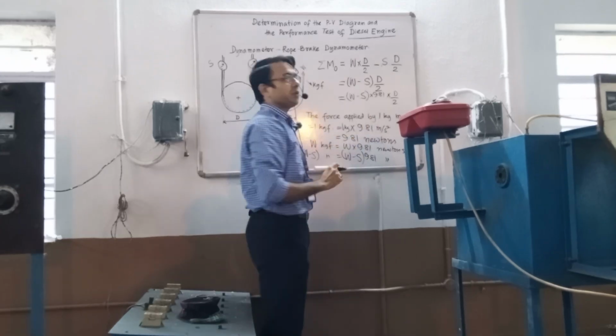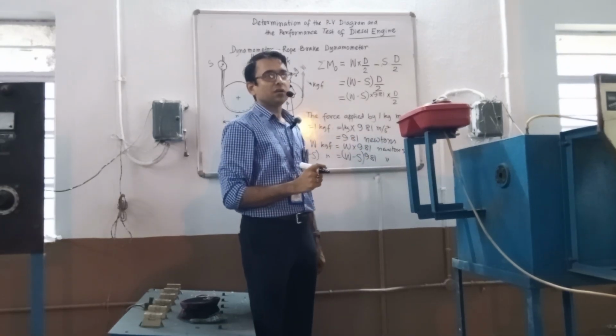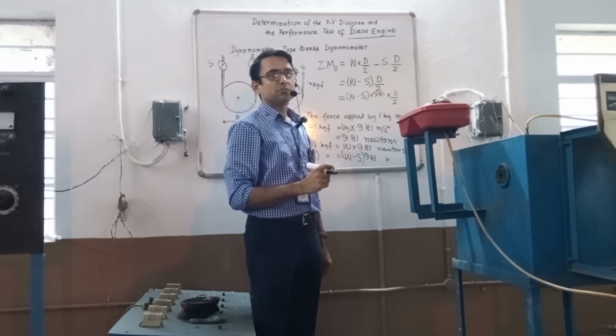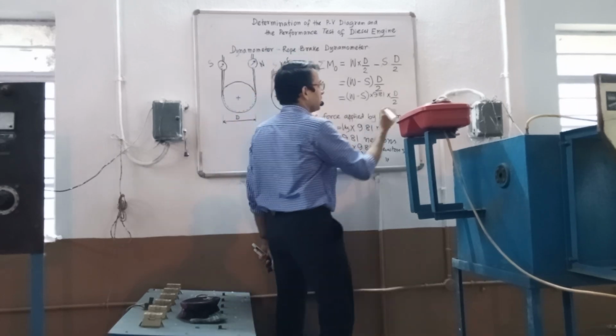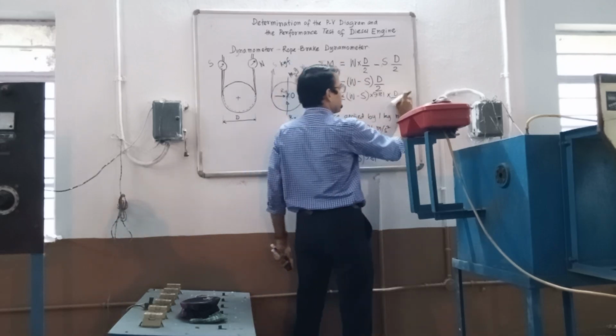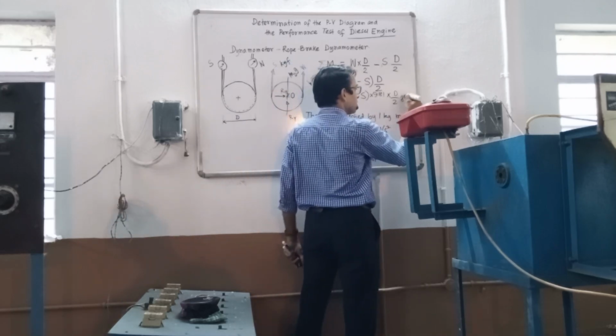Newton multiplied by meter means joule, or you can write in small case joules.